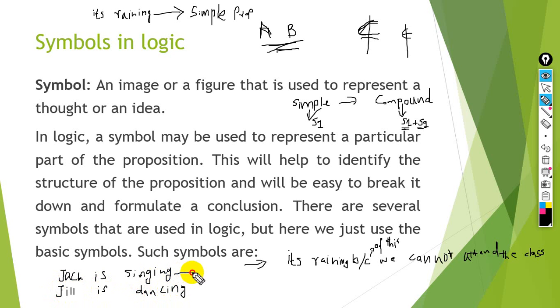So here this is a simple proposition, and this is also a simple proposition. So now when we combine these two, it will become the compound proposition. For example, Jack is singing and Jill is dancing. So in this we are combining two propositions, so it will make the compound proposition.